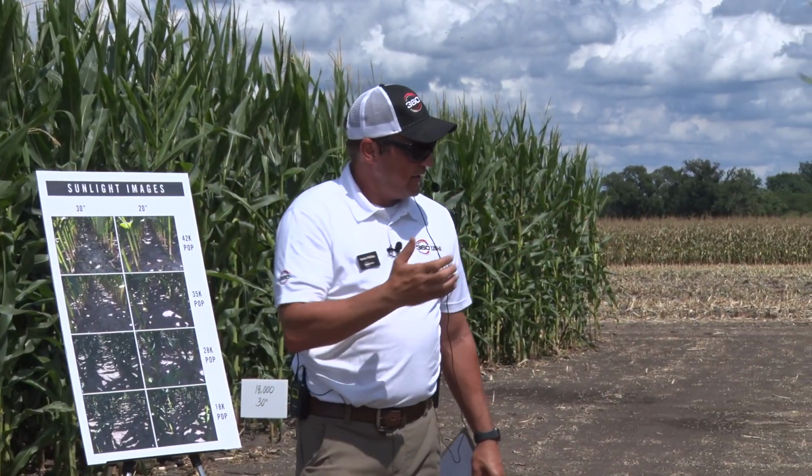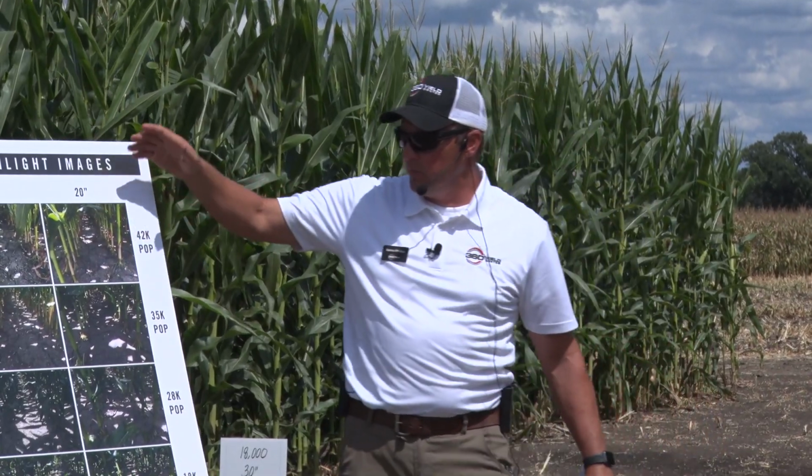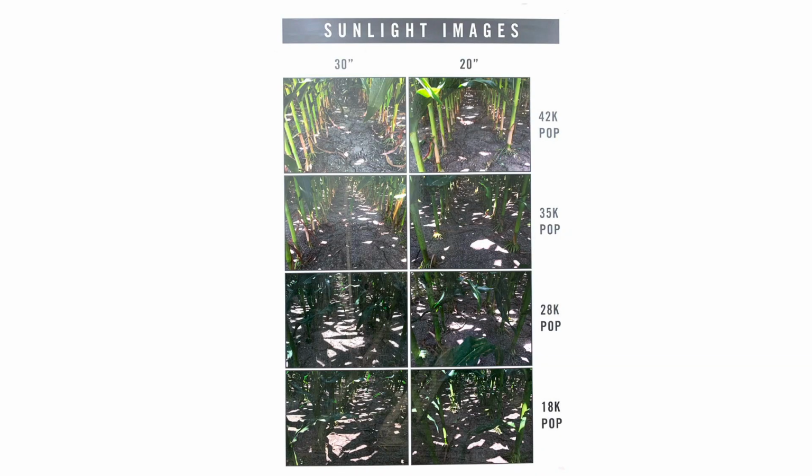Again, looking at the differences here, we do have the images here on this board. We have 30-inch rows and 20-inch rows, and then 42,000, 35,000, 28,000, and 18,000 plant population. As we go down here and we get to smaller populations, you can see that there's more light that's getting down and hitting the ground.